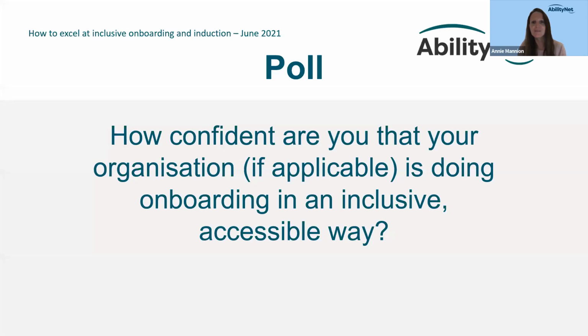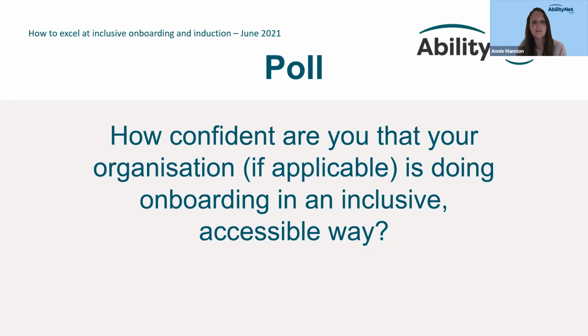See the numbers going up. Not everyone's voted, but I'm just going to end the poll now and share the results. And so the answers are coming through. So the most is quite confident. There may be some things we could do better, but generally we get things right. That's 46% of you. And then not very confident, we still have a lot to learn, is 37%.